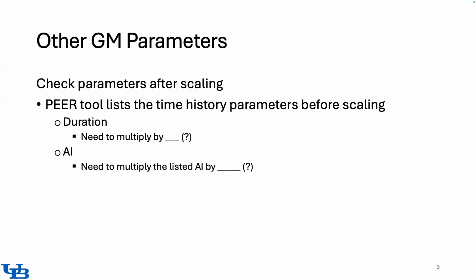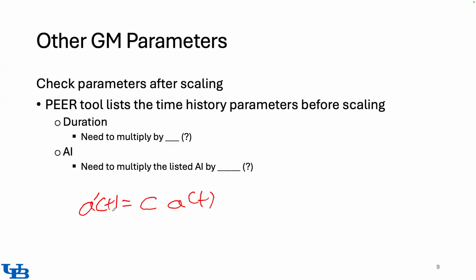The scaling factor is essentially what we say is that the acceleration time history that we want to get is some constant c, the scaling factor, times the original time series, right? That will linearly increase all the amplitudes of the time series, but what will it do to its duration?